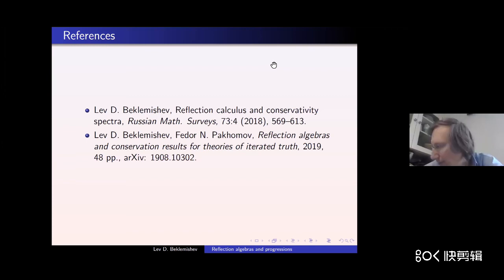Good question. The short answer is no. There are many interesting examples, all of which are equivalent to sigma 1 reflection, indeed. I'm pretty sure that there are somewhat artificial examples that would not be equivalent. So somewhat artificial examples, I think, can be found.